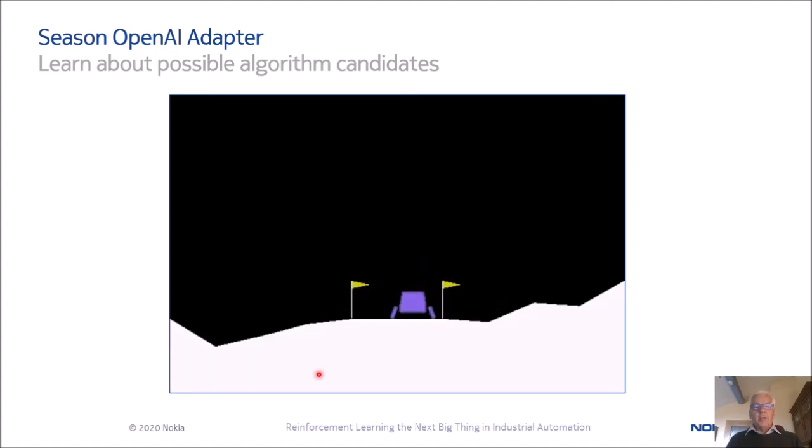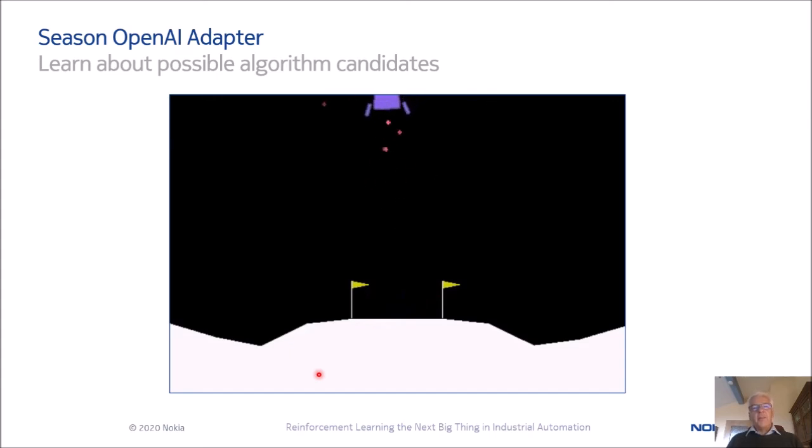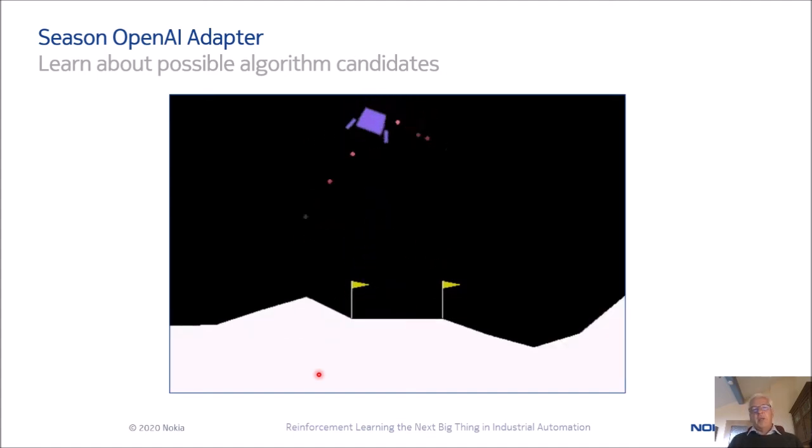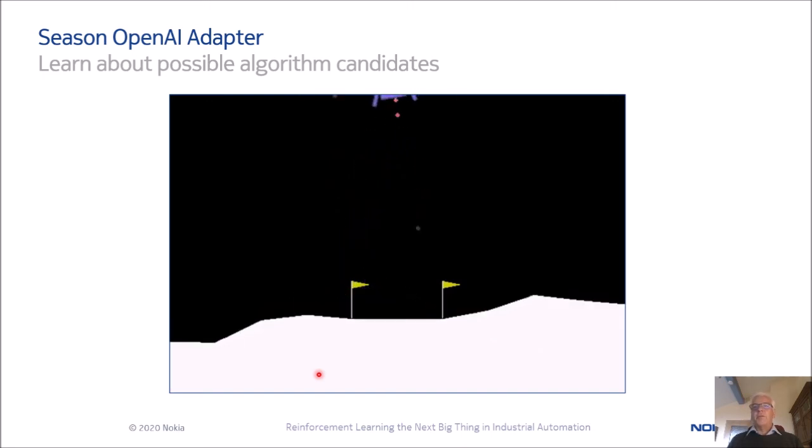And now it's working. So with that video, you can see after a certain time of training, the system is really able to land this Lunar Lander between those two flags. It looks a little bit shaky, but finally you can see that the reinforcement learning agent was really capable of doing this.